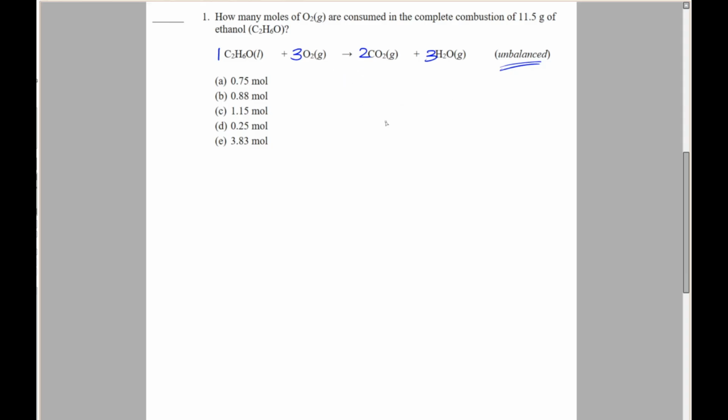Now that the equation is balanced, we can do a little bit of dimensional analysis to figure out how many moles of O2 are consumed. Whenever we do that, we want to start off with the mass and then convert it into moles, so that we can use the molar ratios from the balanced equation to figure out how many moles of another reactant or product is going to be used or produced.